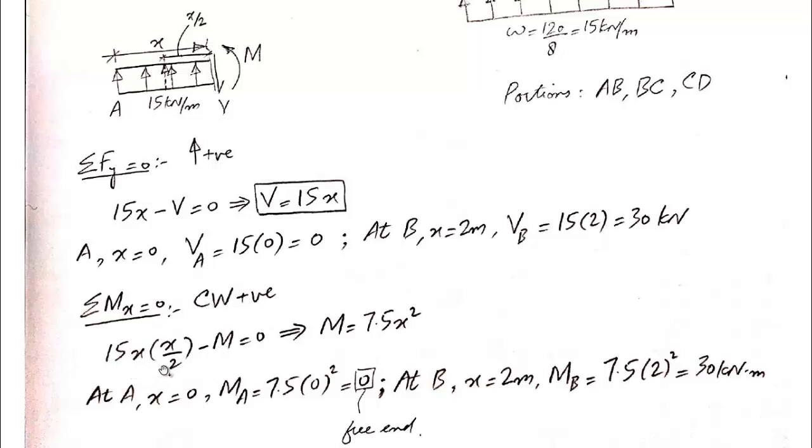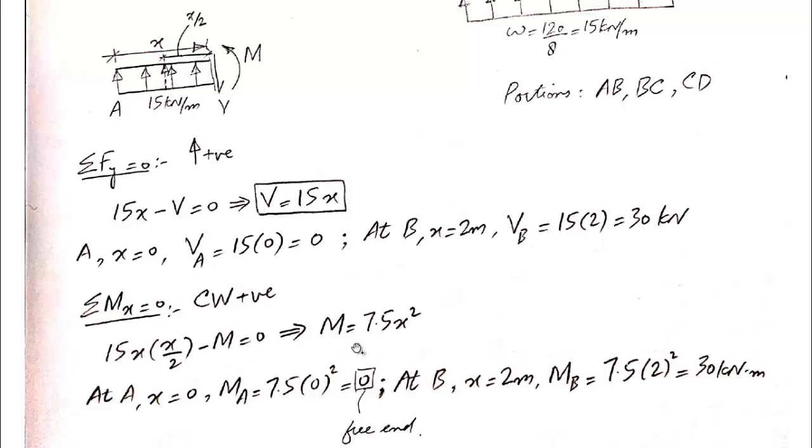So 15 into x by 2, and this will produce moment in clockwise direction, so it should be taken as positive. And then this exposed moment is acting in counterclockwise direction, so it should be taken as negative, and this is equal to 0.